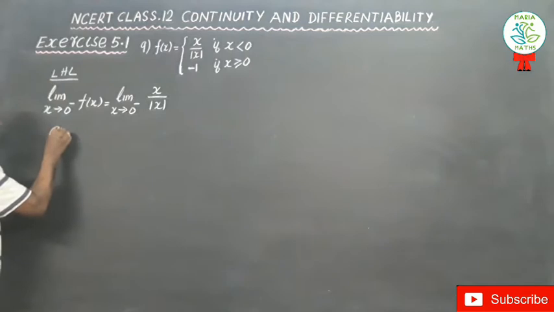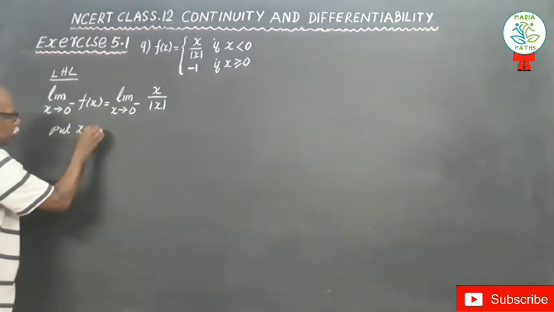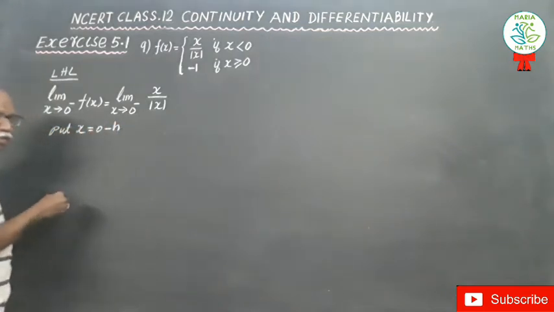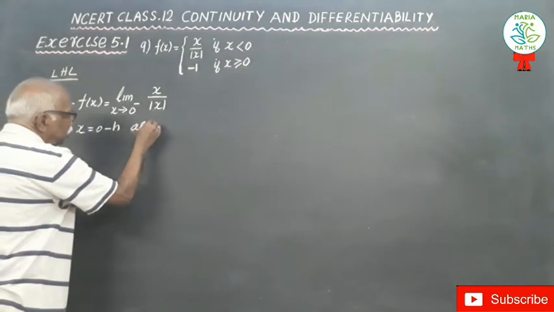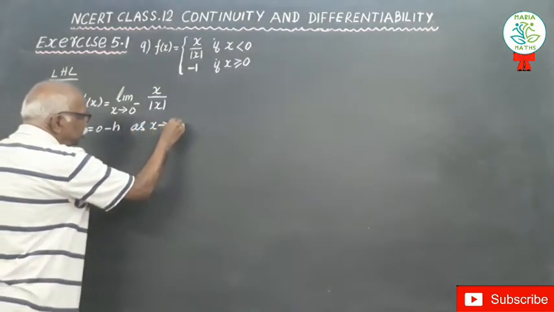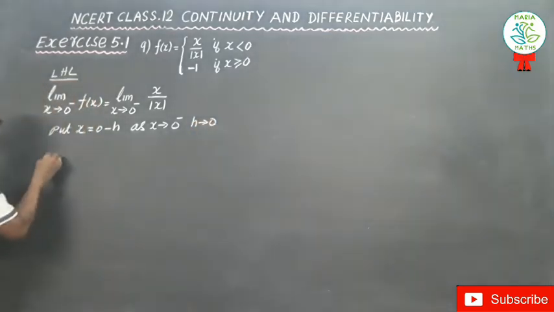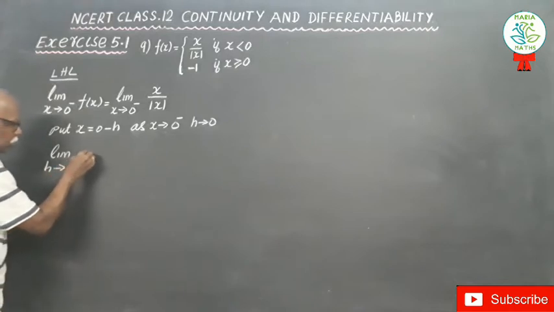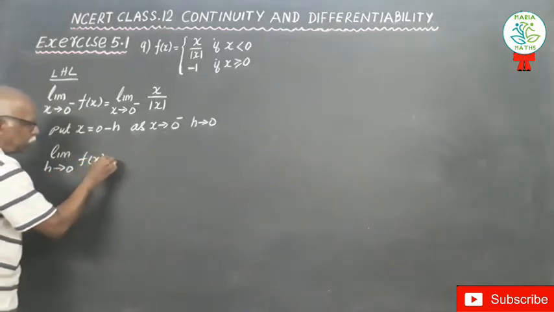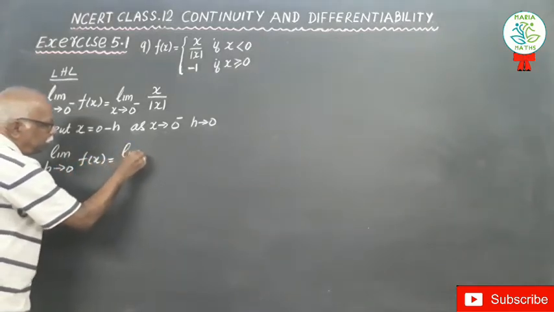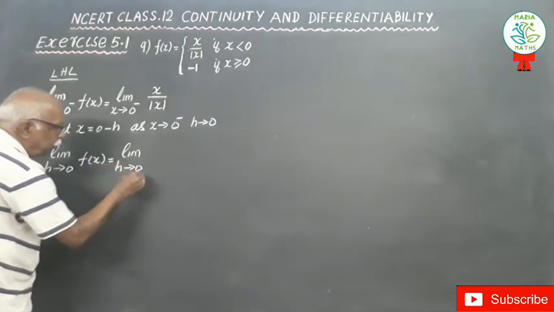Put x is equal to 0 minus h. As x tends to 0 minus, h tends to 0. Limit h tends to 0, f of x is equal to limit h tends to 0.